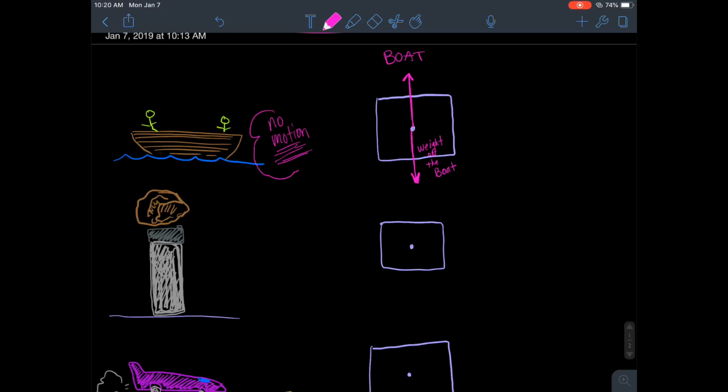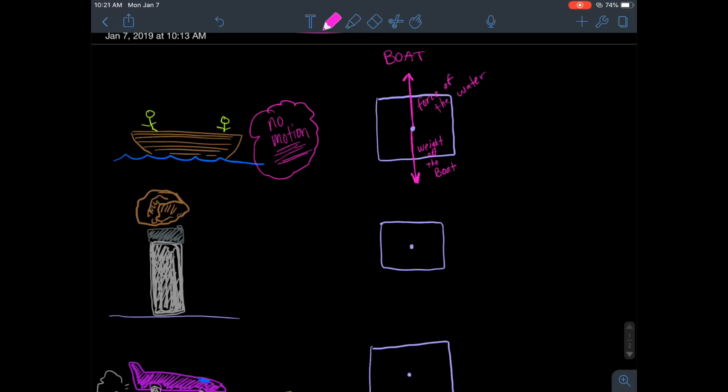Well, you might have guessed it, but this is the force of the water. So in order for this boat to be floating, the water is pushing up on the boat, and the boat is also pushing down on the water, but they cancel each other out, and they're pushing on each other equally and in an opposite direction.